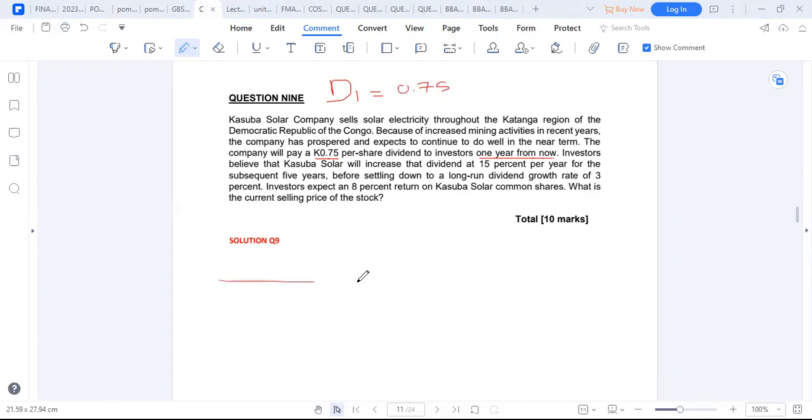So we're going to use a number line. Start at 0. This question was actually tricky. 1, 2, 3, 4, 5, 6, 7, 8. So call it D1, we're going to put what? 0.75.